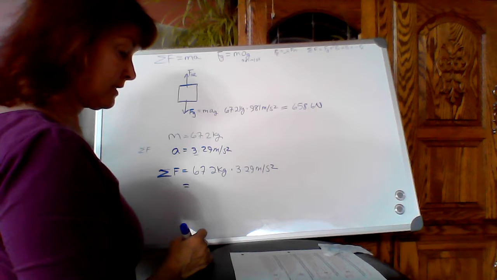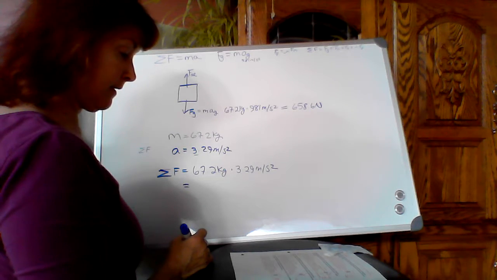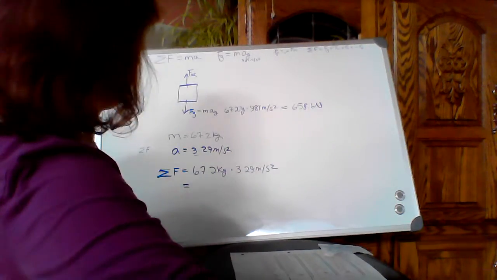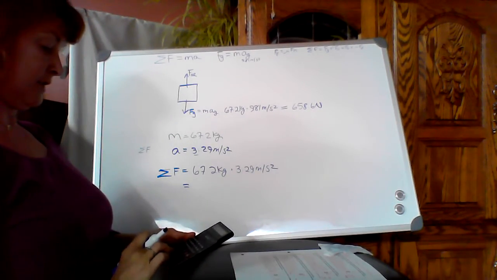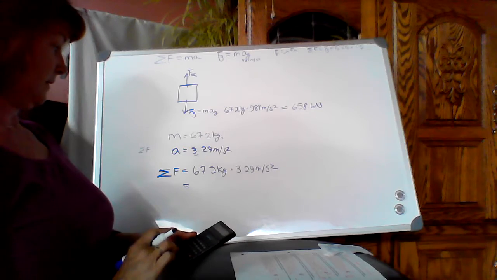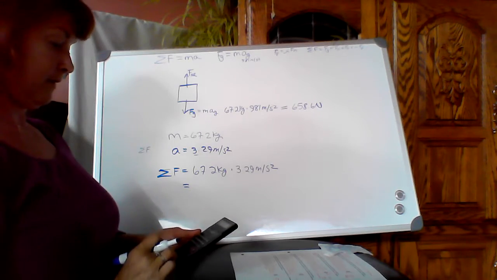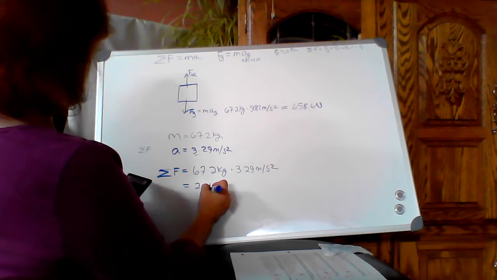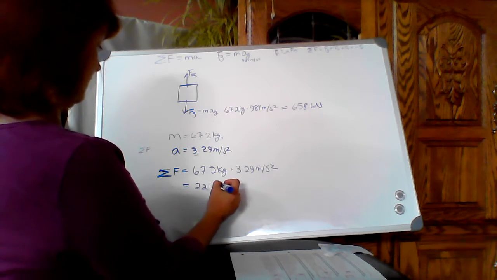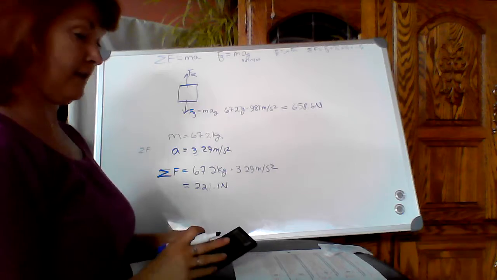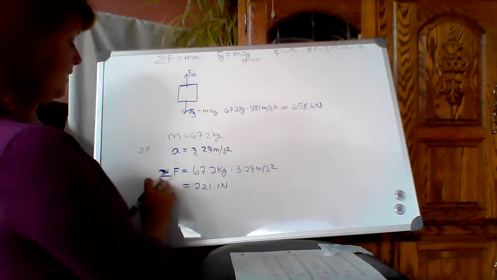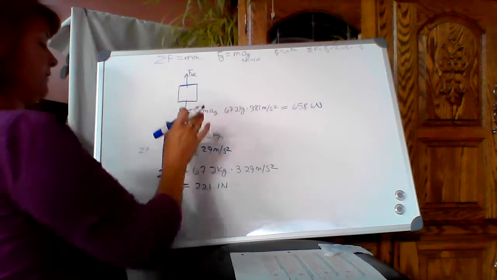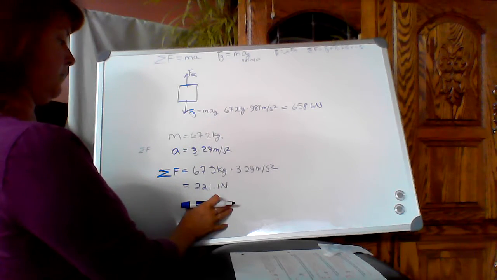So the sum of the forces on him is going to be 67.2 times 3.29, and that is going to be 221.1 newtons. So that is the net force acting on him. If I added the force of gravity and the force of air resistance, that would equal that.